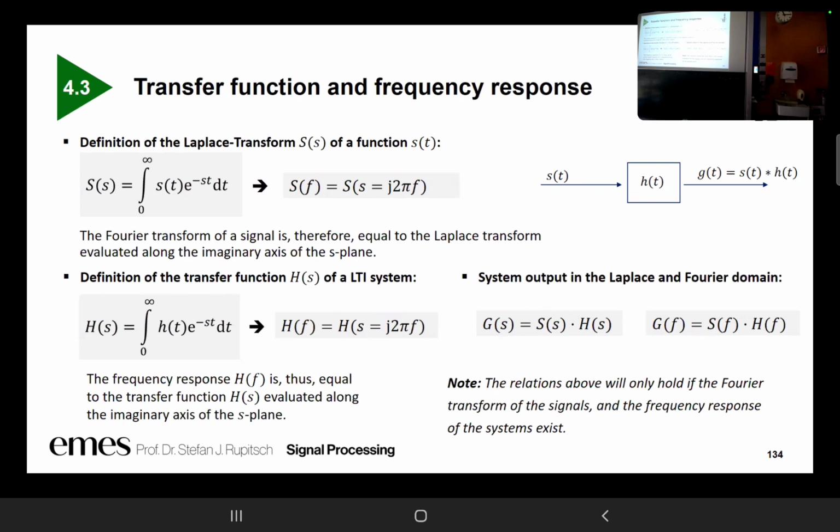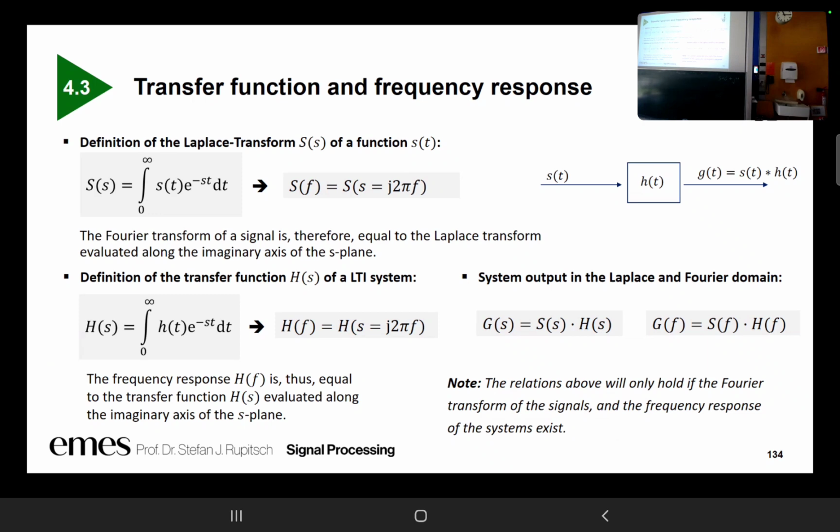Here is the definition of the Laplace transform. If we evaluate the Laplace transform on the imaginary axis, that is the j omega part, then the Laplace transform coincides with which transform? Fourier. And this is written here. We have here the Laplace transform of the input signal.